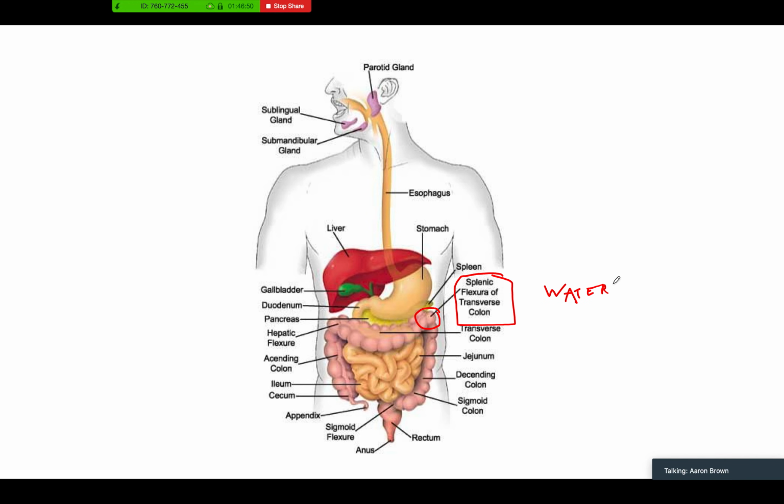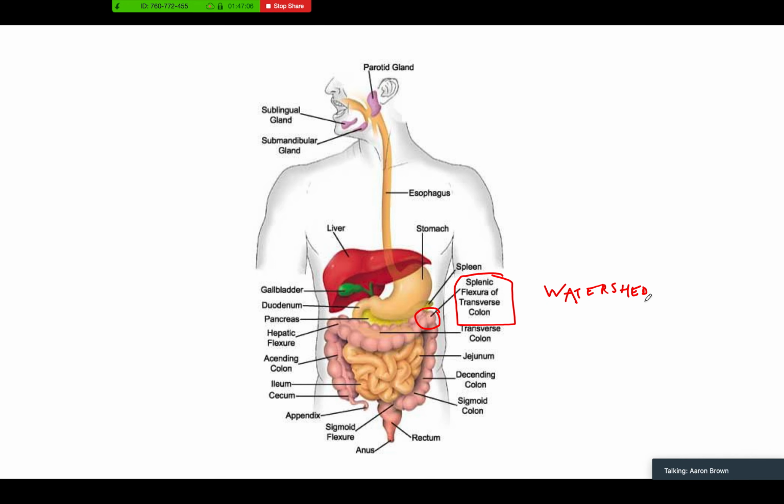I'm sure you've heard this before, right? Watershed area. What that means is that instead of getting a nice blood supply from the superior mesenteric artery or from the inferior mesenteric artery, it gets weak supply from both, okay?